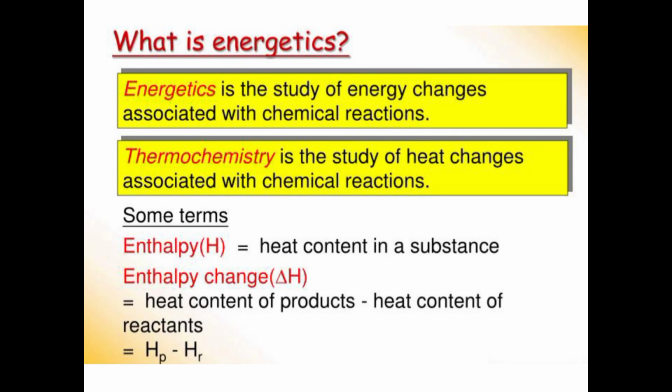And that is why in thermodynamics, we have what is called an open system, where both energy and matter are exchanged with the surrounding. We have a closed system where you have either energy or matter being exchanged with the surrounding. And then we have an isolated system where neither energy nor matter is exchanged with the surrounding.